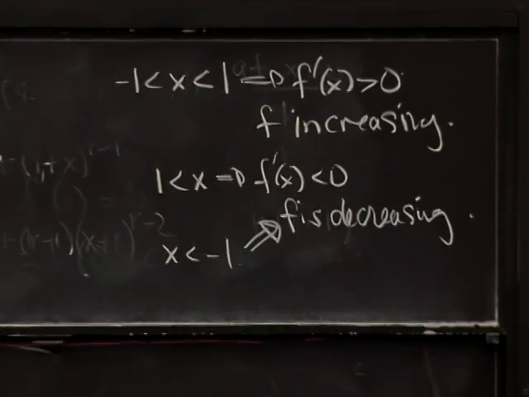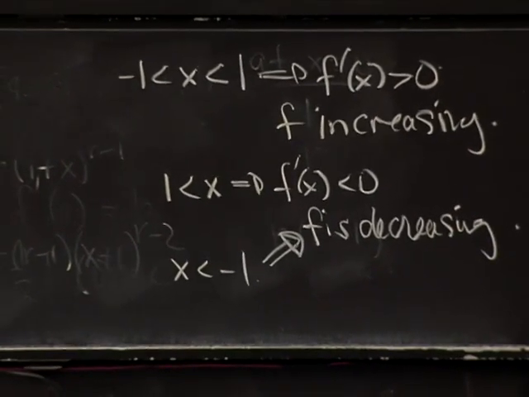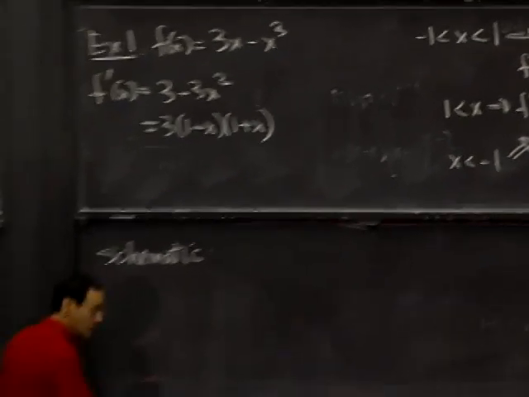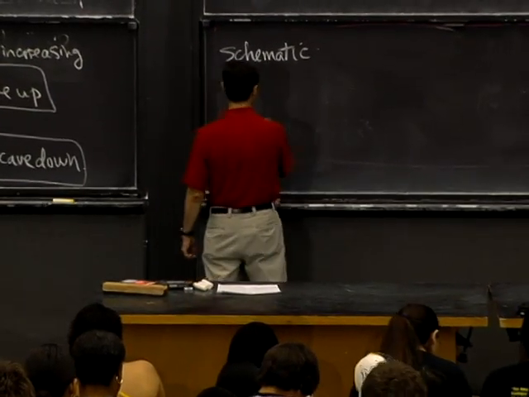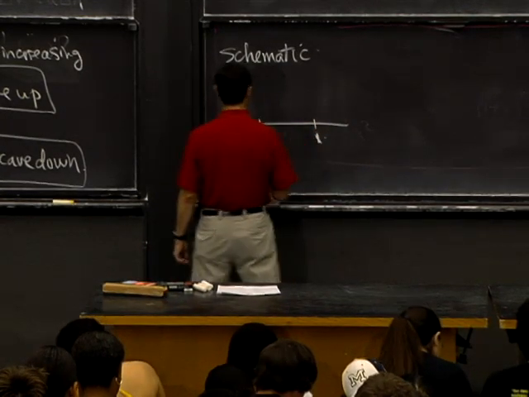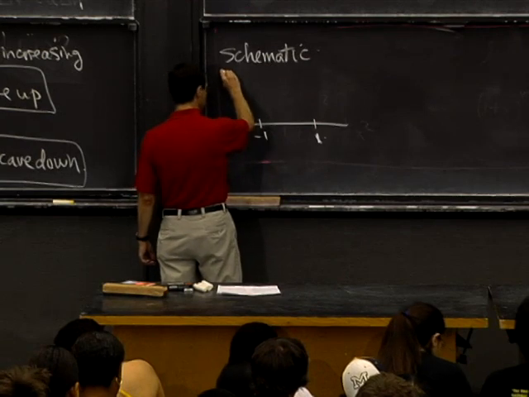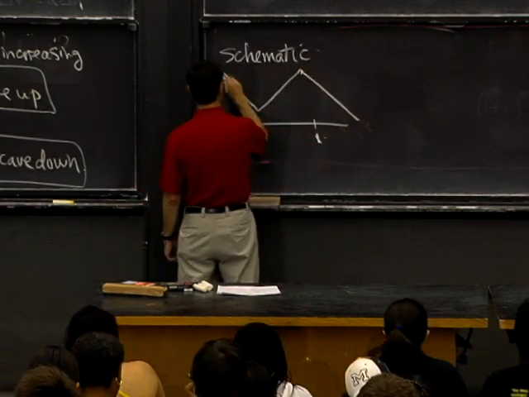So now, here's the schematic picture of this function. So here's -1, here's 1. It's going to go down, up, down. All right?